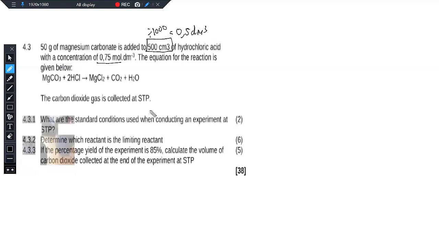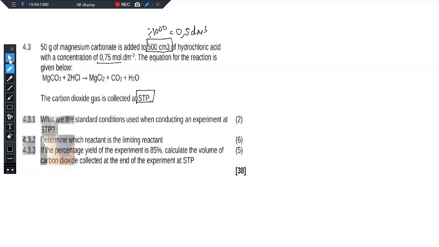The carbon dioxide gas is collected at STP. Again, we have that keyword, standard temperature and pressure. Now, 4.3.1 says, what are the standard conditions used when conducting an experiment at STP? So STP stands for standard temperature and pressure. So they just want to know what's that standard temperature, what's that standard pressure.